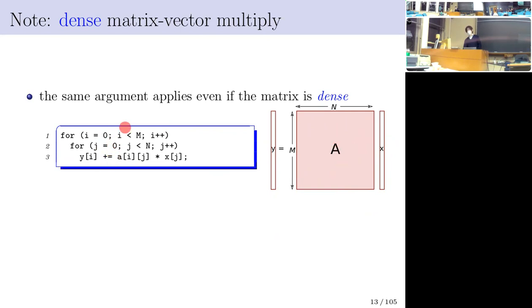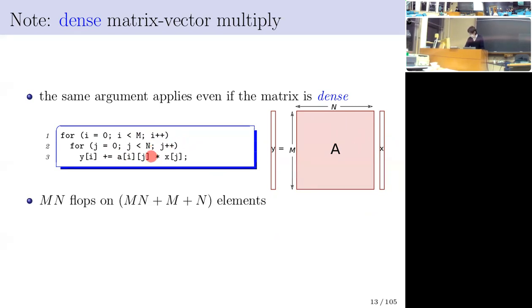The program looks like this. Pretty much the same argument applies, primarily because a single matrix element is worked on only once throughout this double loop. So this doubly nested loop is essentially scanning the entire A, right?